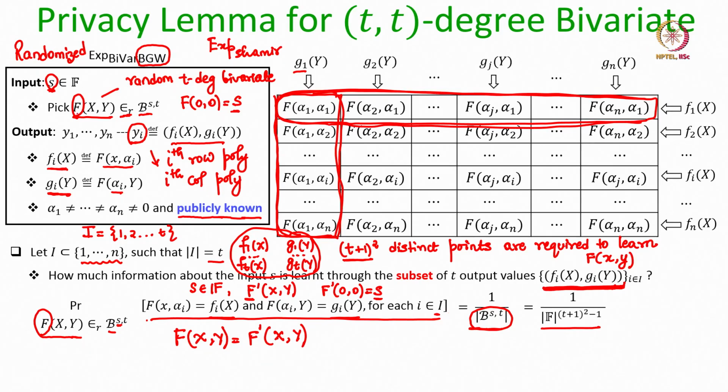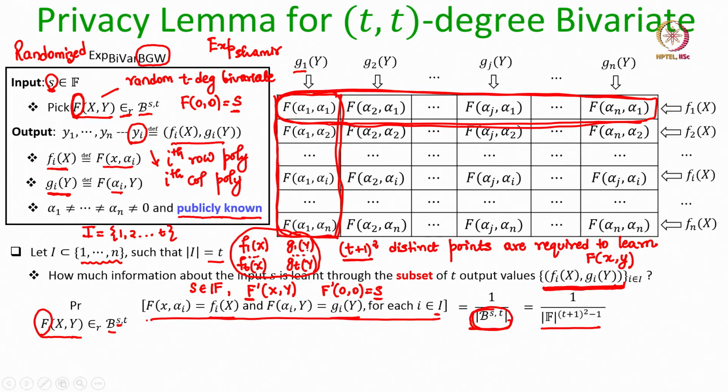But in the experiment, the bivariate polynomial was chosen randomly. So, what is the probability that that randomly chosen bivariate polynomial was f prime of x y, that special polynomial? Well, it is 1 over the sample space size. So, that is the probability with which an instance of the experiment with s being the input can produce the outputs f sub 1 up to f sub t and g sub 1 up to g sub t as the first t output pairs.